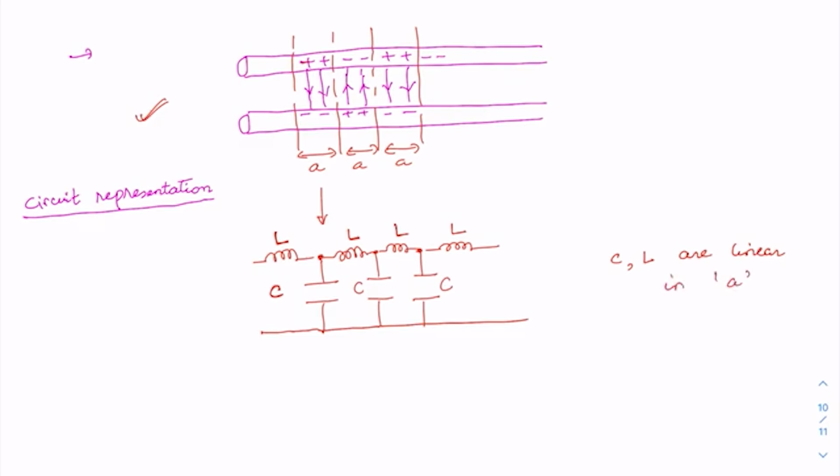That is easy to understand, because if we increase the cell size then the capacitance increases and accordingly the inductance also increases, and if you decrease the cell size then they decrease. In the end we are going to make A tend to 0, because thereby we can achieve a very fine grid.